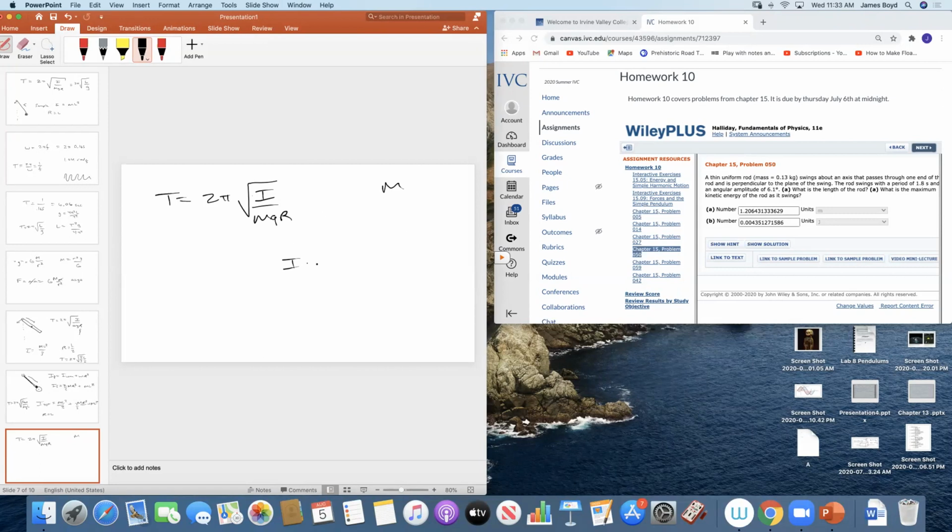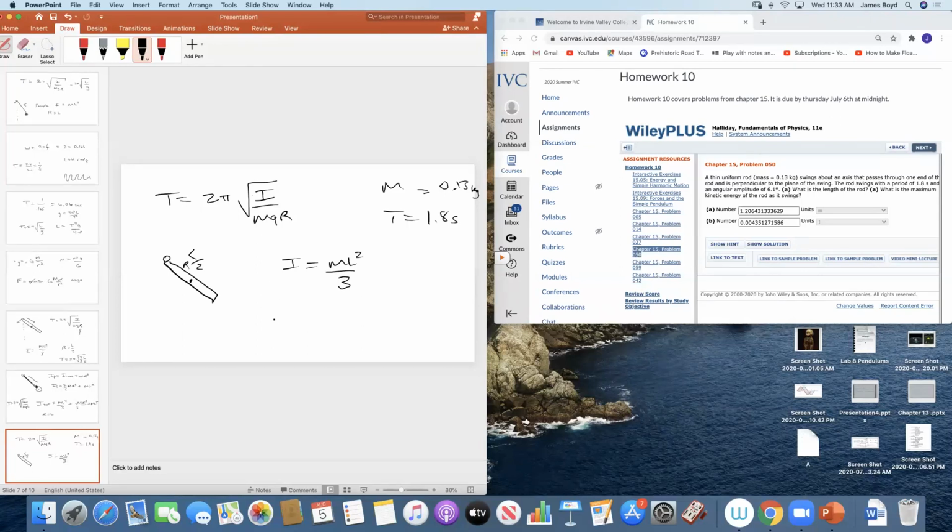So I, for a rod swinging through one end, is ml squared over 3. And then they told us what the period was, and they told us the mass. Period here is 1.8? And the mass is 0.13. And then R for this thing is L over 2. It's halfway down the rod.